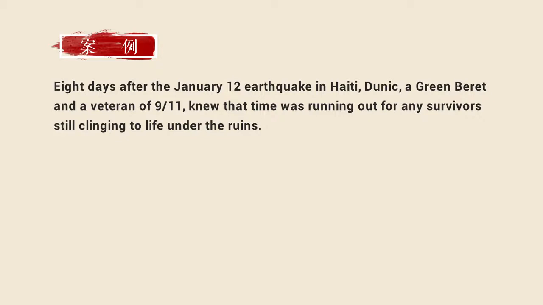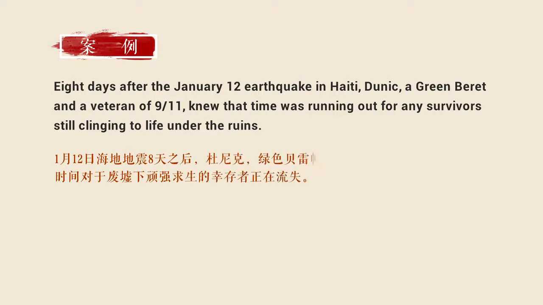knew that time was running out for any survivors still clinging to life under the ruins. Without changing the word order, the translation is 1月12日海地地震8天之后，杜尼克、绿色贝雷帽成员和911老兵知道时间对于废墟下顽强求生的幸存者正在流失。This translation makes sense, but it is not closely knit, and it doesn't flow well.